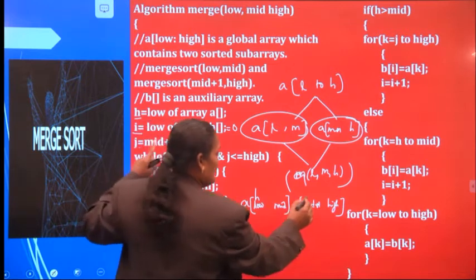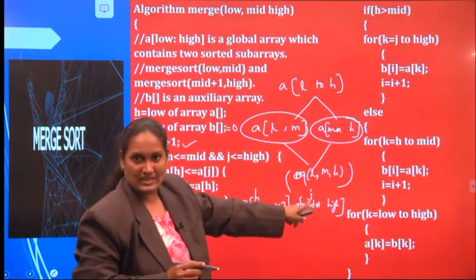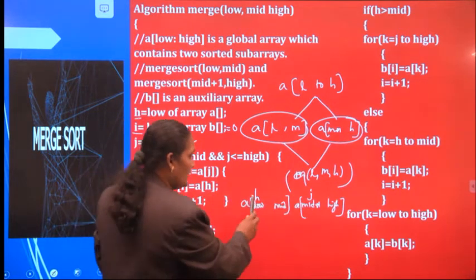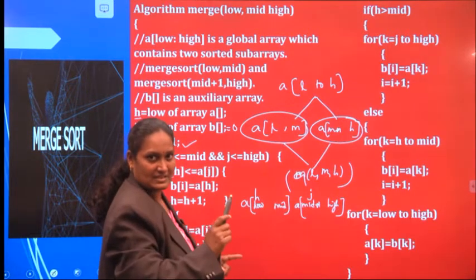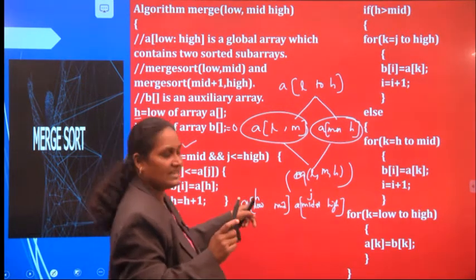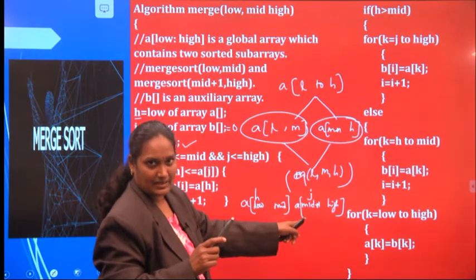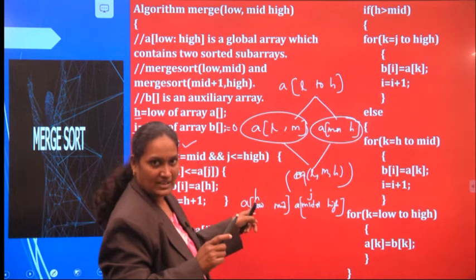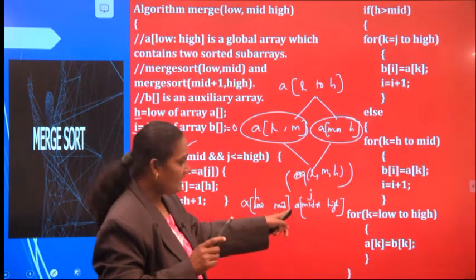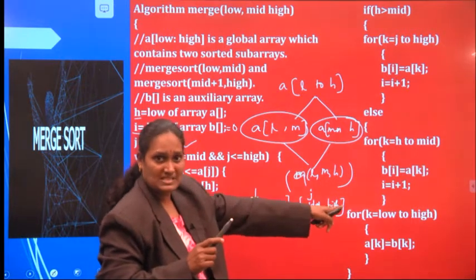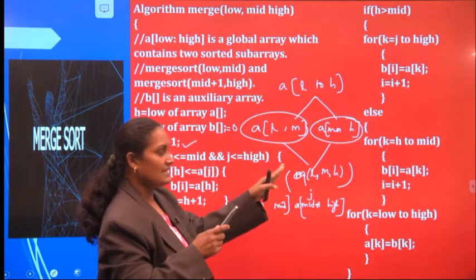Mid plus 1, here this is J. Always H is less than mid, since H indicates the first element of the first subarray, and J indicates the first element of the second subarray. Mid indicates the last element of the first subarray, and high indicates the last element of the second subarray. Always mid is greater than H, and high is greater than J.